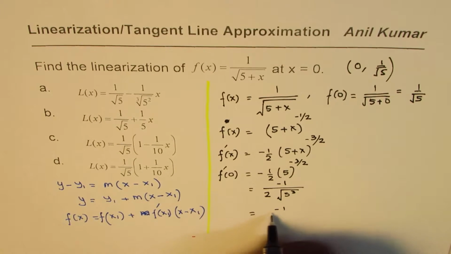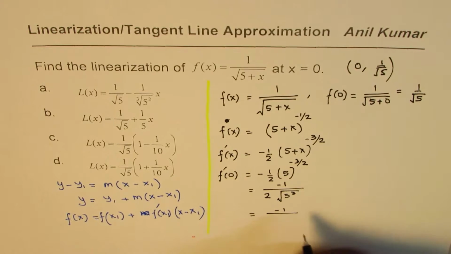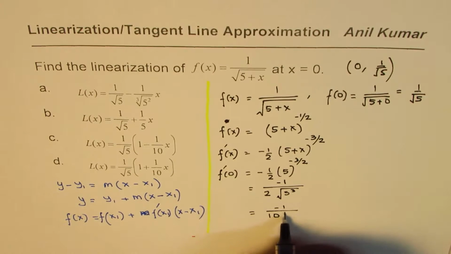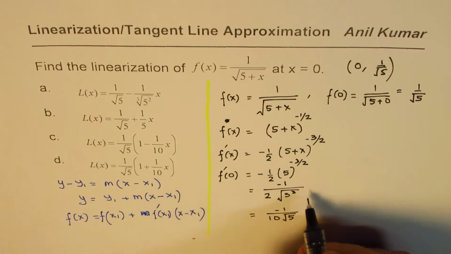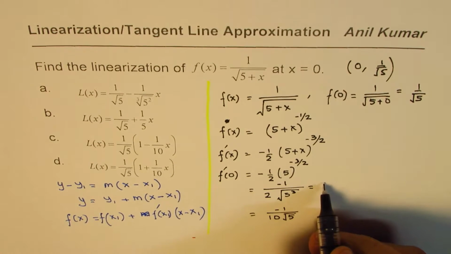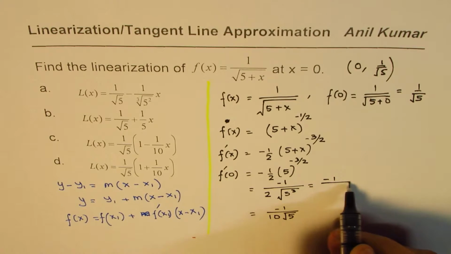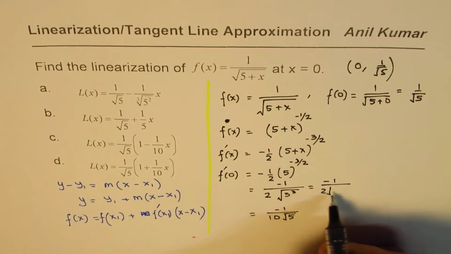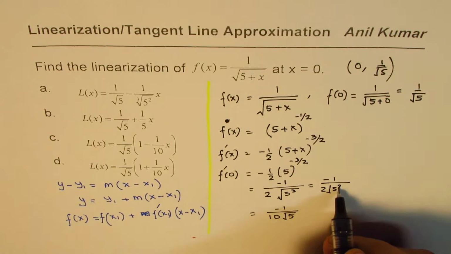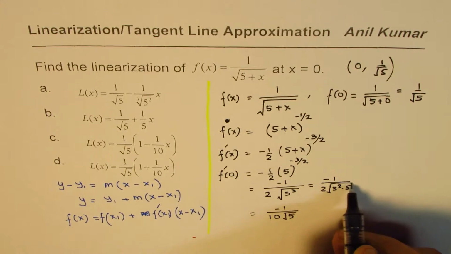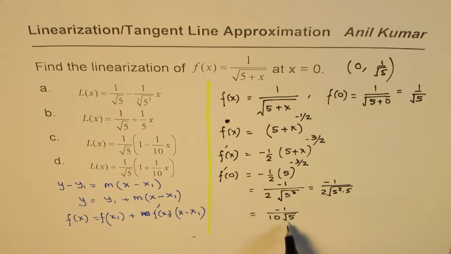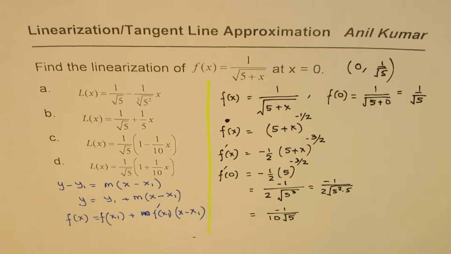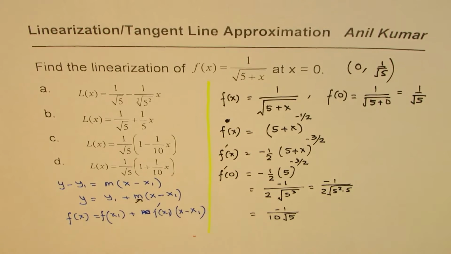I could write this as minus 1 over 2 times 5, which is 10 square root of 5. Basically, I'm writing 5 cubed as 5 squared times 5, so when I take the 5 squared out, it is 5, and 5 times 2 is 10. So this is what we get as the slope, the m value.